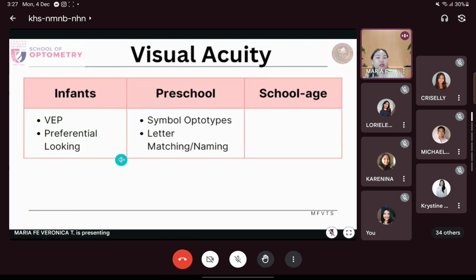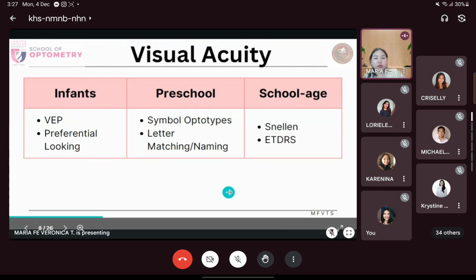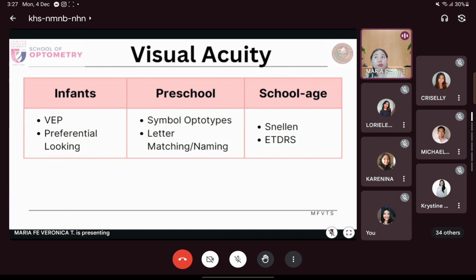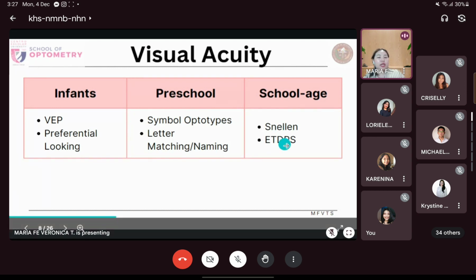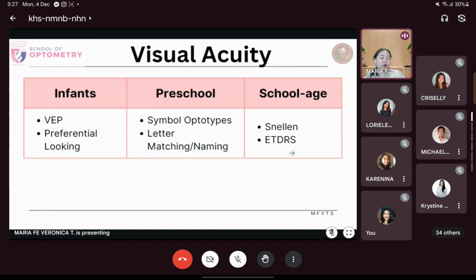For preschool naman, we make use of symbol optotypes instead of Snellen, or pwede tayo mag-letter matching or naming. For school age, since these are verbally communicative children na sila, we can make use of Snellen charts or the ATDRS in visual acuity testing.